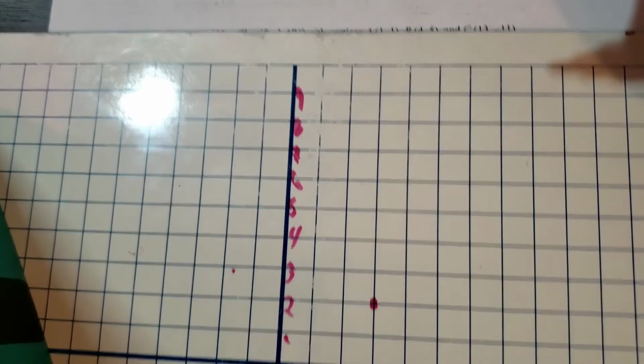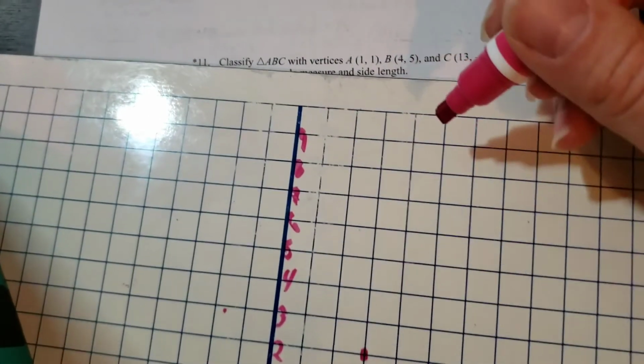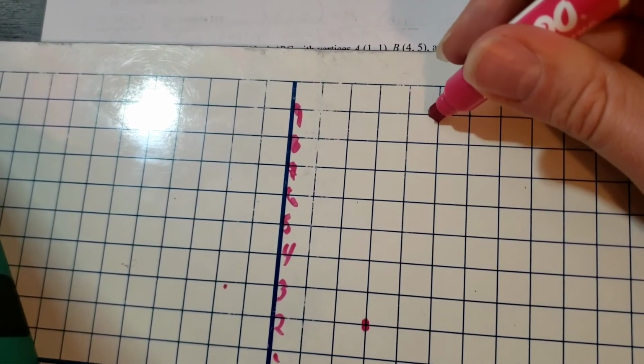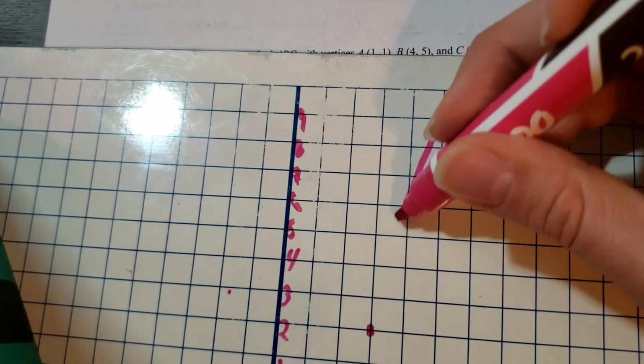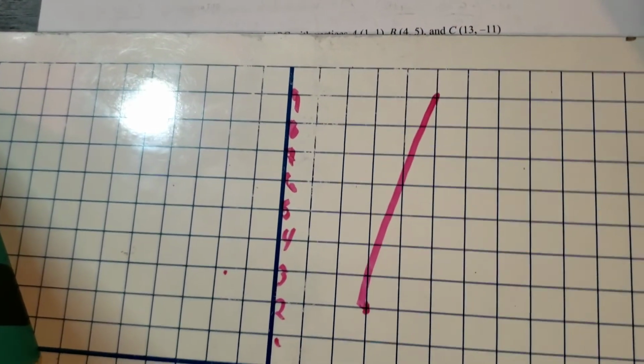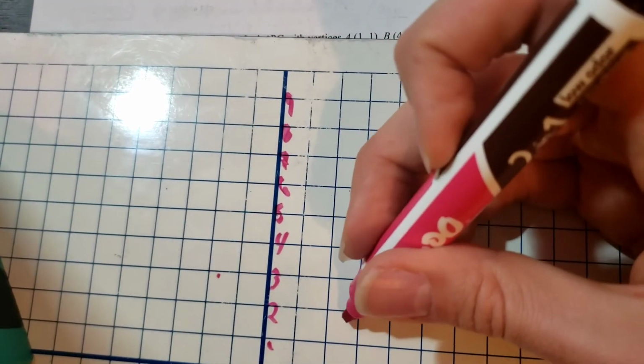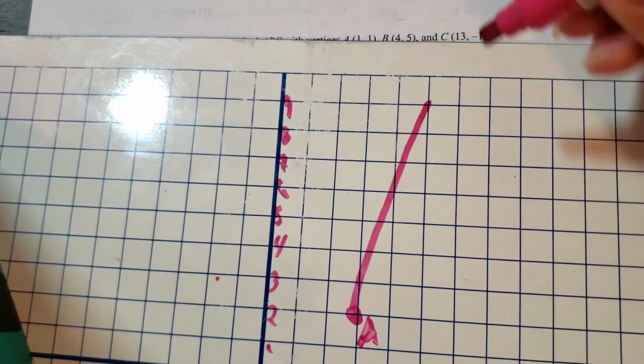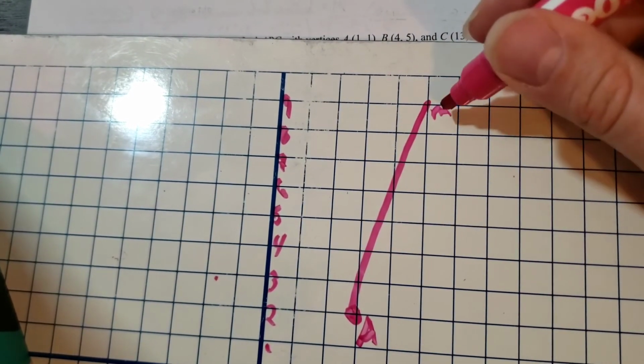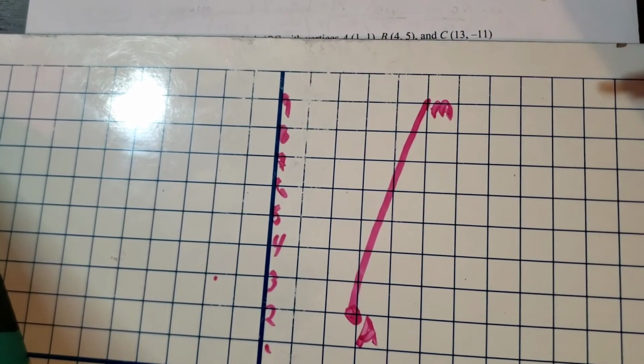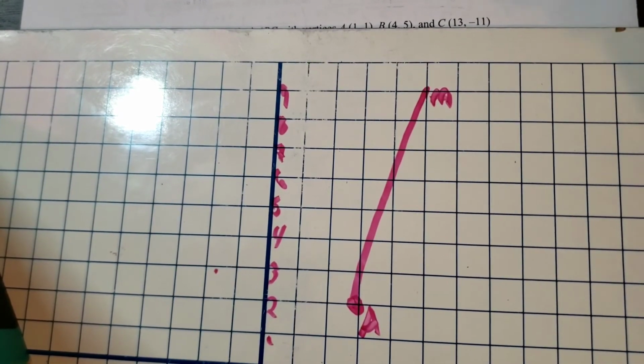I'm glad I have enough. (5, 9). So let's call this endpoint A, and this is my midpoint.